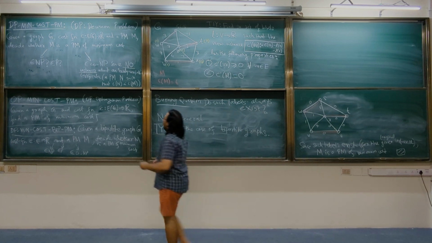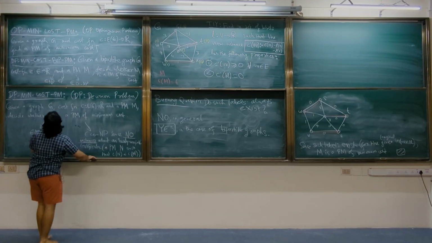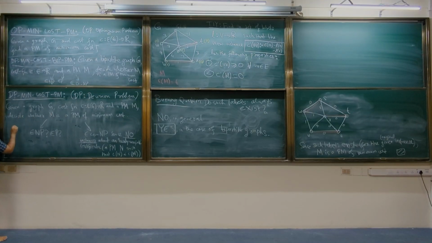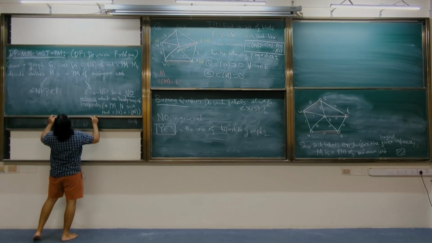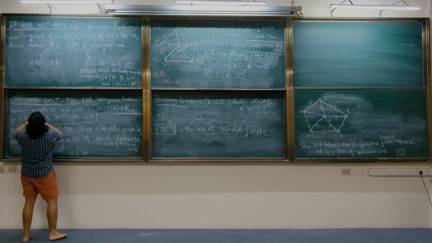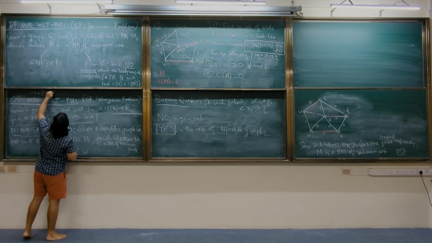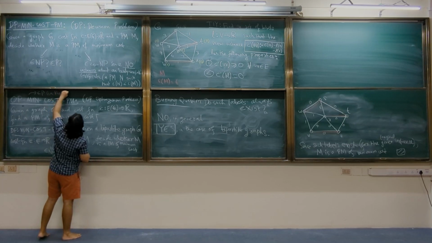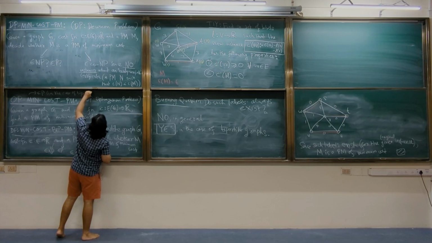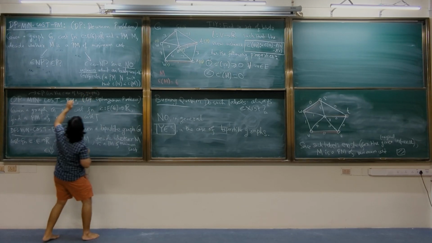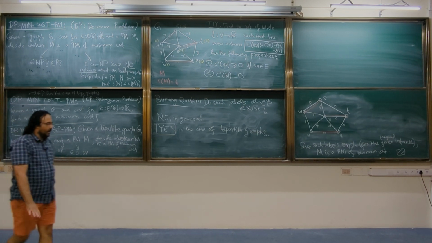And if you don't care about certificates, you care about optimization, then it also implies that the optimization problem also belongs to P in the case of bipartite graphs. So if you assume that the input graph is bipartite, then you can efficiently solve this problem.